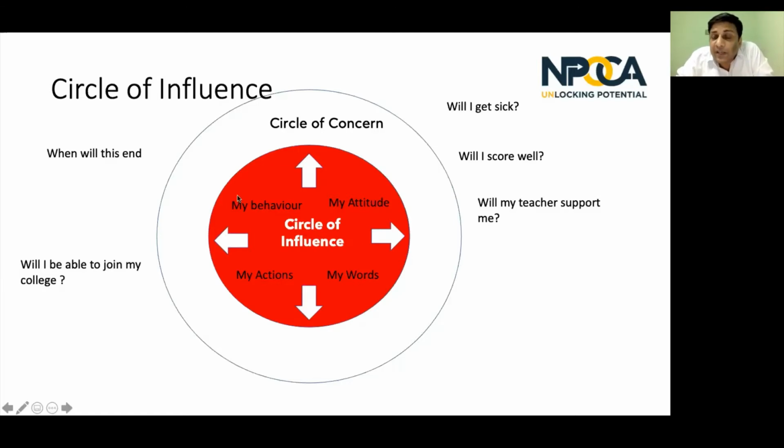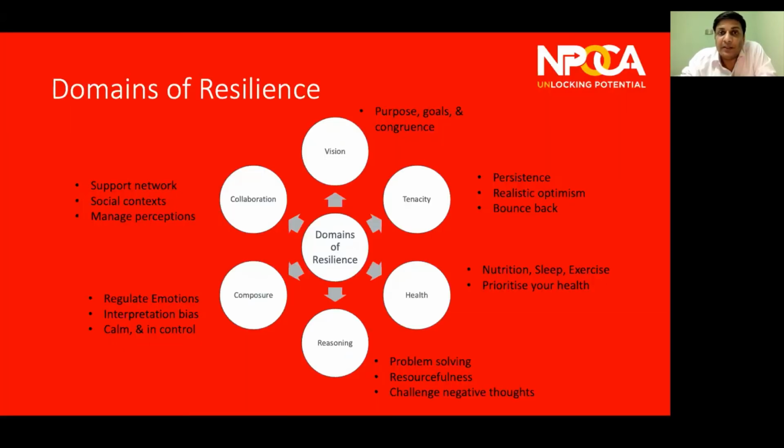The greater your circle of influence is, the higher is your internality score, higher is your score for internal locus of control. This is what we need to look at. This is what you can do to increase your resilience or your internal locus of control.